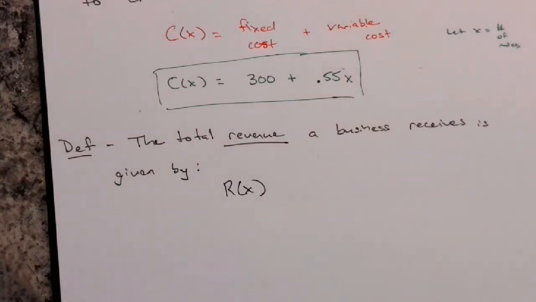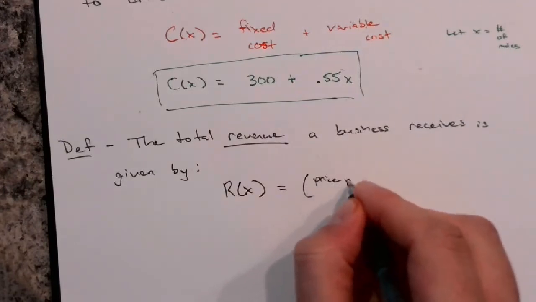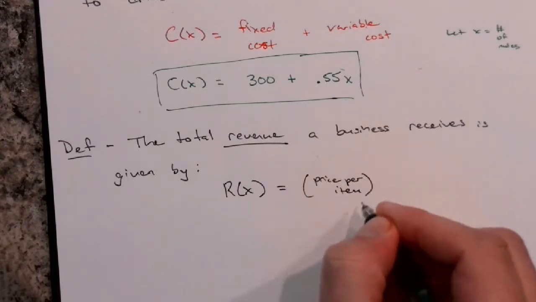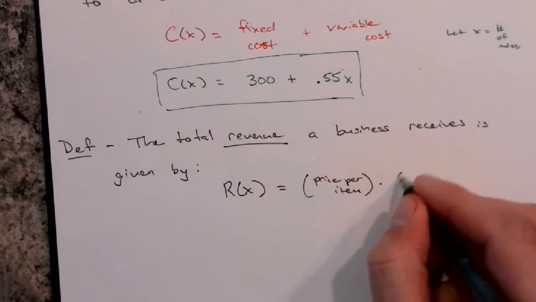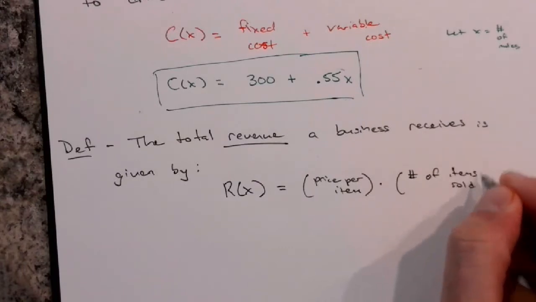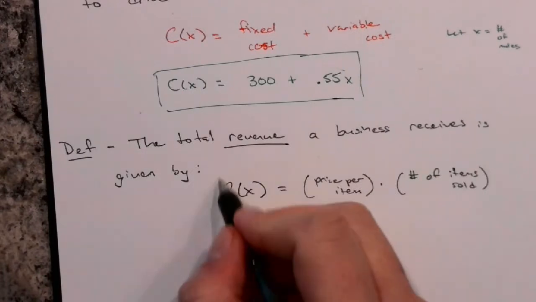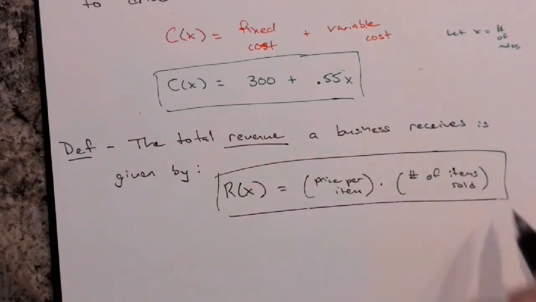So R of x is equal to the price per item times the number of items sold. There's a certain price you sell the item for, and the number of them you sell. If you multiply those together, that'll give you how much money you're bringing in. So this is the formula for revenue. Keep in mind that revenue isn't profit. Revenue is how much money came in. Profit, which will be our next definition, has to do with how much you earned.